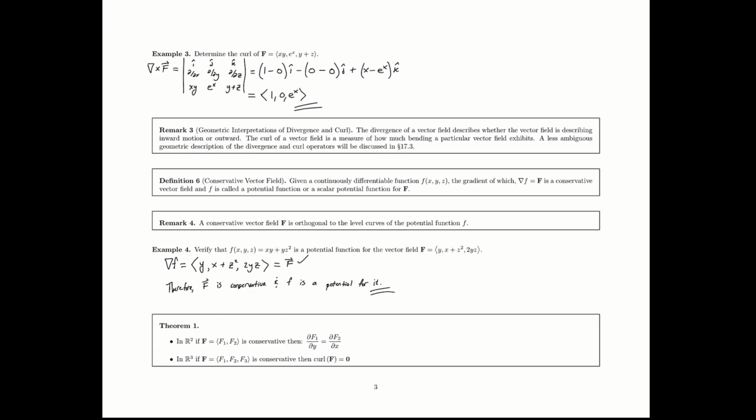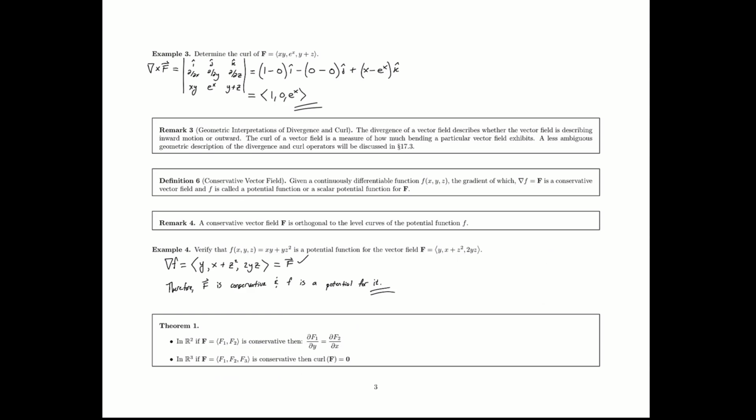And a higher dimensional version of this is: if this three-dimensional vector field is conservative, then the curl of F is 0. Okay. Really quickly, I want to comment on this. What is the curl of this vector field?